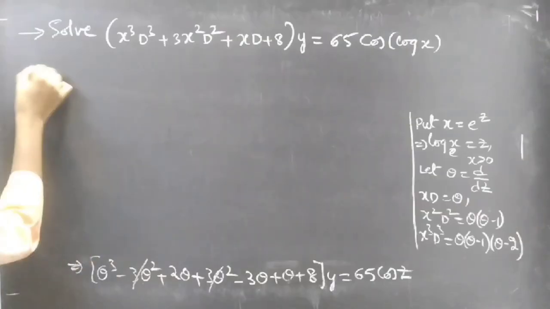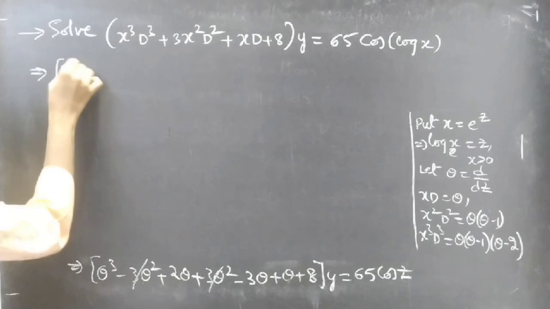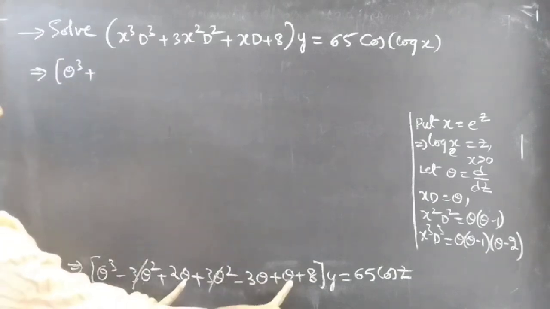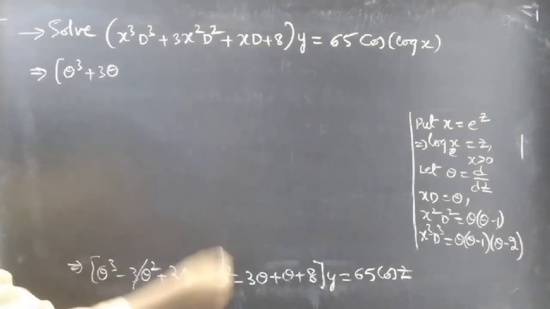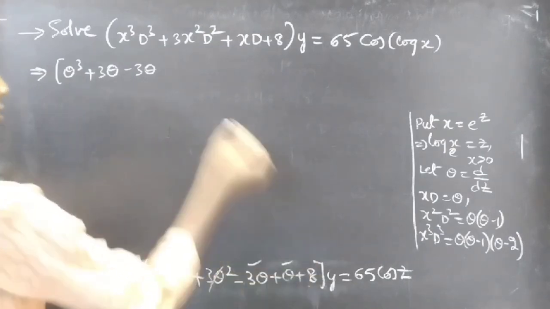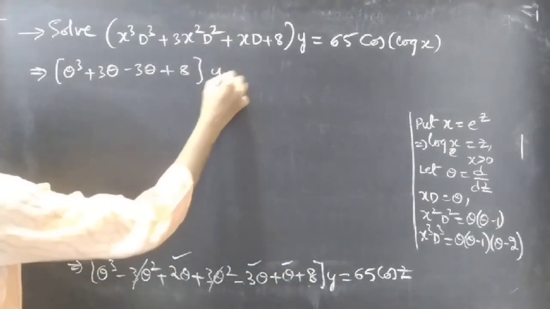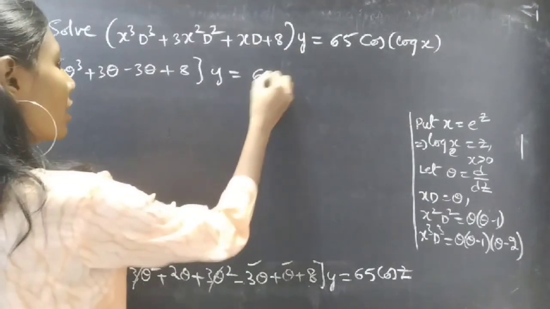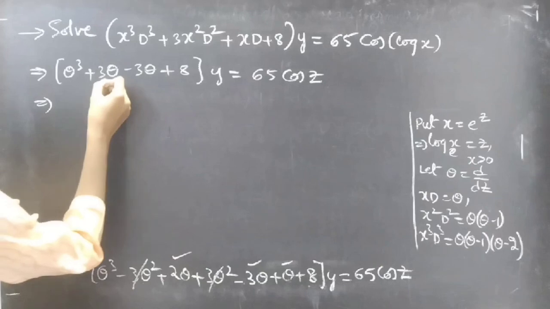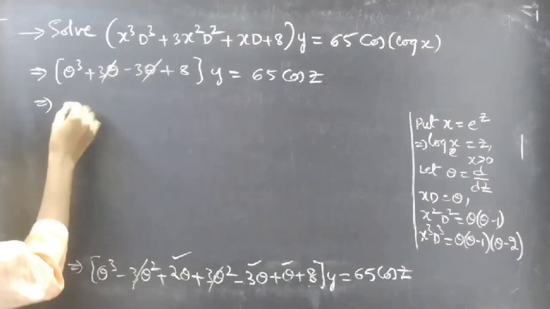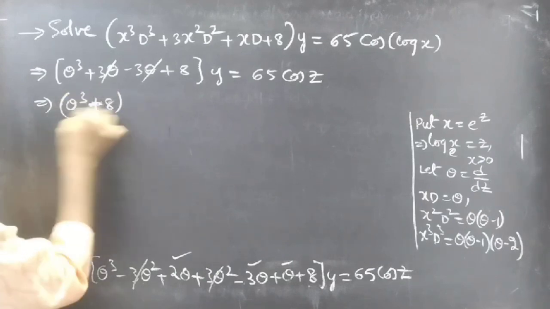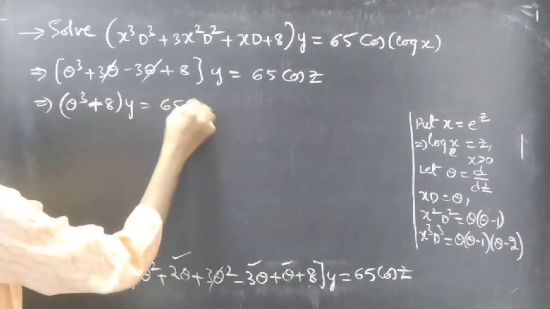This equation becomes (theta³ + 8)y = 65 cos z.